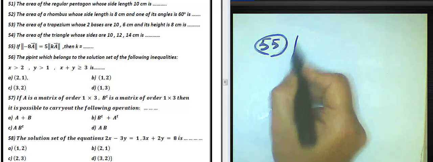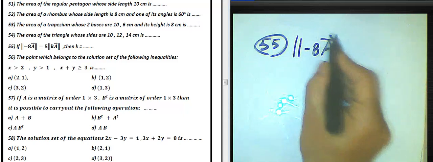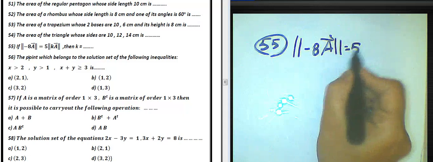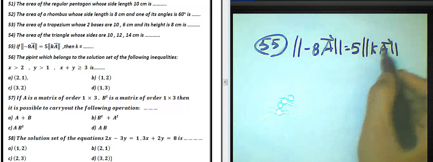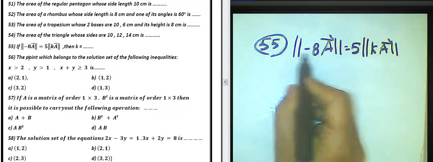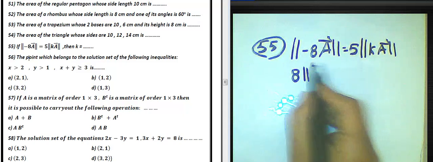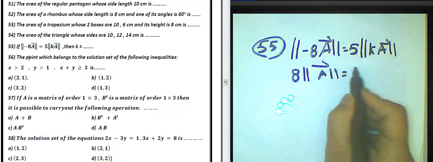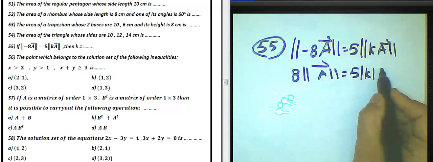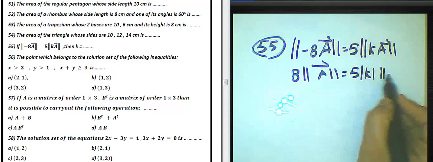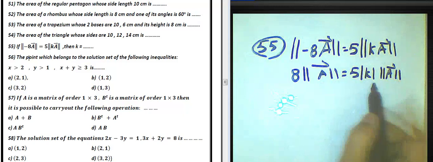We know the magnitude of -8 vector A equals 5 multiplied by the magnitude of K vector A. You can find the result here. The magnitude, or absolute value, of -8 equals 8. So 8 multiplied by the magnitude of vector A equals 5 multiplied by the absolute value of K multiplied by the magnitude of vector A.